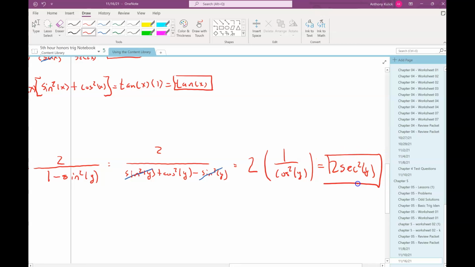So I'm left with 2 times secant squared. Is that okay, Alex? Sure. Mia? Sure.